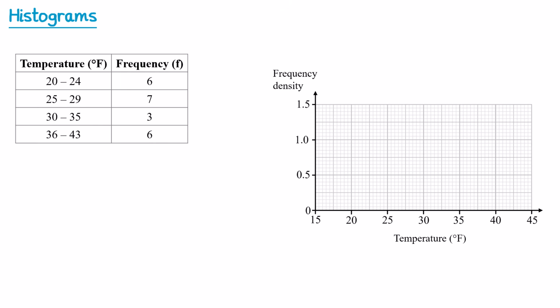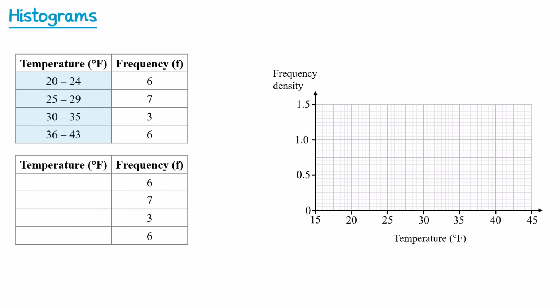This means we're going to need to rewrite these intervals here. So if we take another table with the same frequencies, we could rewrite the first group as temperatures, let's call them T, in between 19.5 and 24.5. The next group is in between 24.5 and 29.5, and then between 29.5 and 35.5, and 35.5 and 43.5.